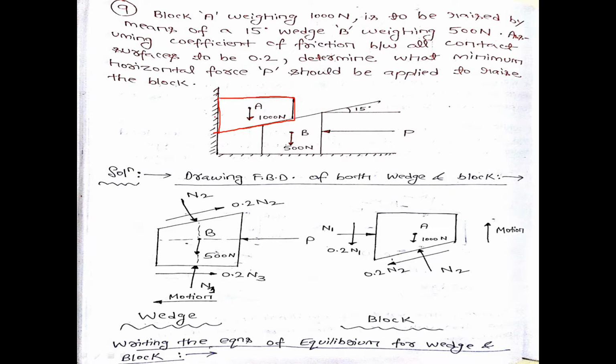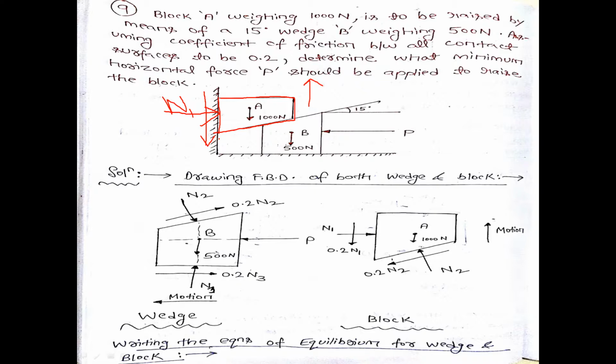Block A is in contact with this first surface, so this first surface will give a normal reaction to this block in this direction, which is your N1. Since block A is rising upward, at this contacting surface a frictional force will act opposite to the direction of motion, that is mu times N1, 0.2 times N1.